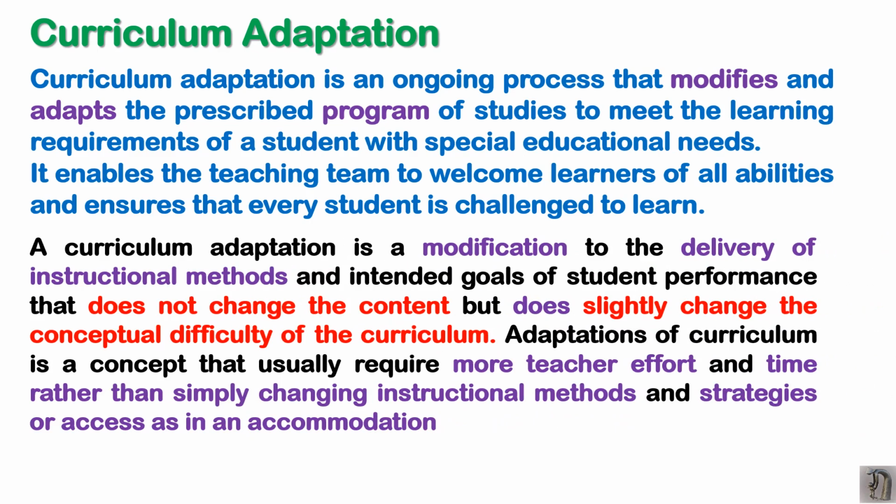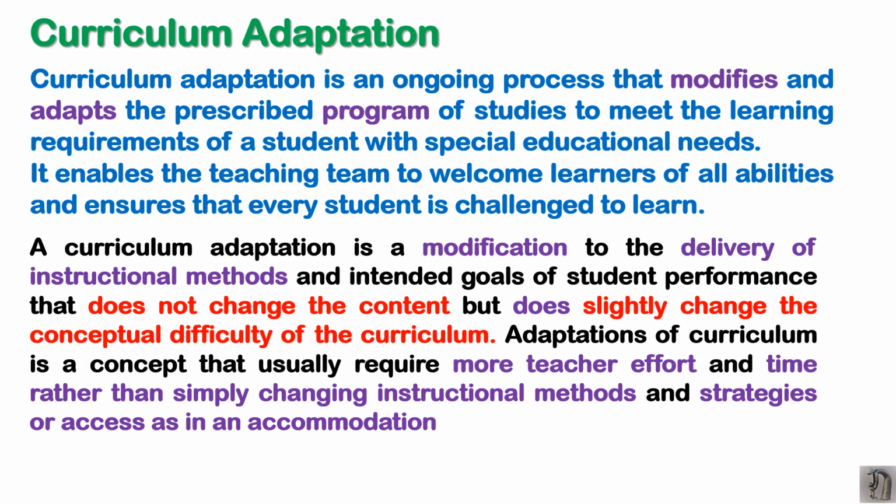And curriculum adaptation, listen properly, is a modification to the delivery of instructional method and intended goal of student performance that does not change the content. That means whatever content you have is not going to change at all, but you slightly change the conceptual difficulty of the curriculum.